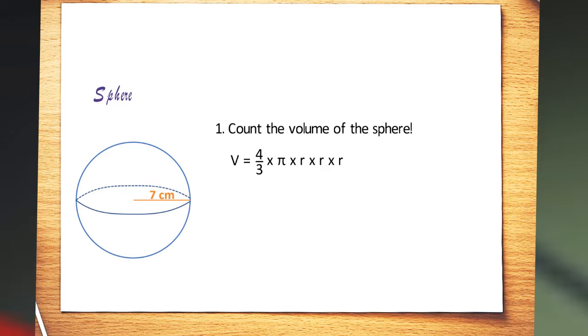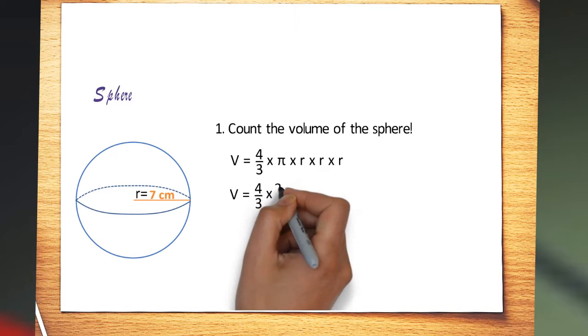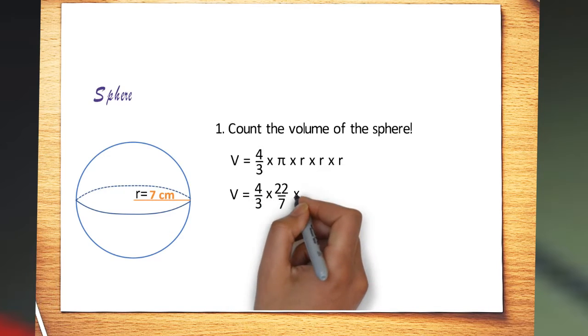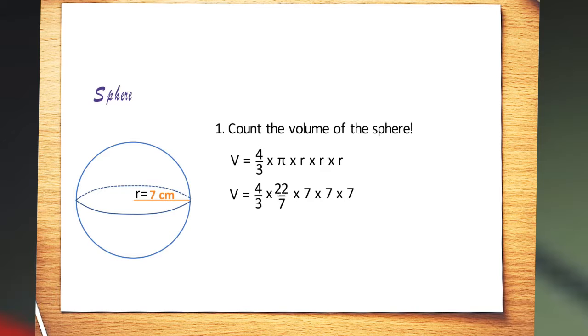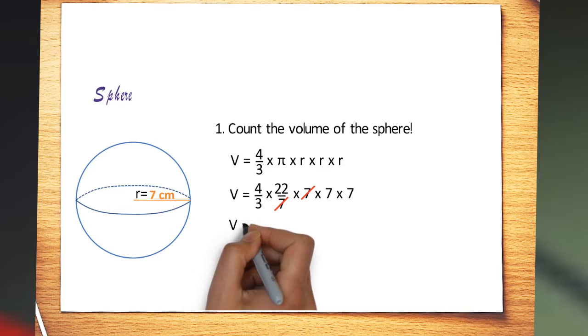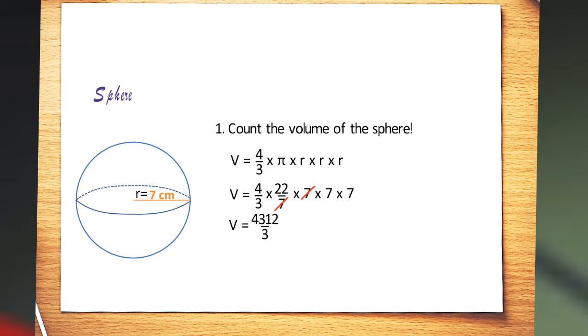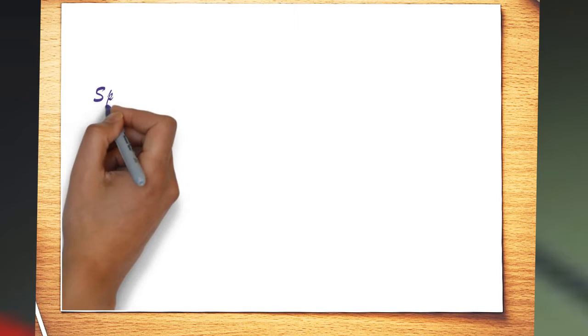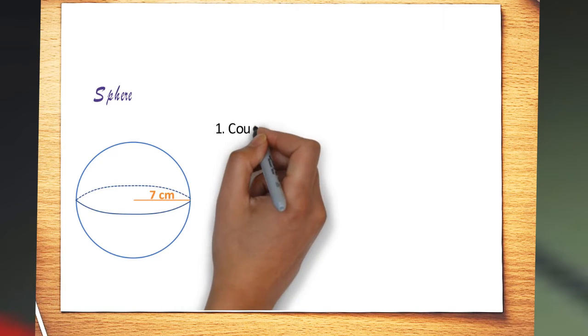We know that the radius is equal to 7, so we get 4/3 times 22/7 times 7 times 7 times 7. Let's divide 7 by 7, which is equal to 1, and multiply them. We get 4,312/3, and the final result we get 1,437.3 centimeters cubed.